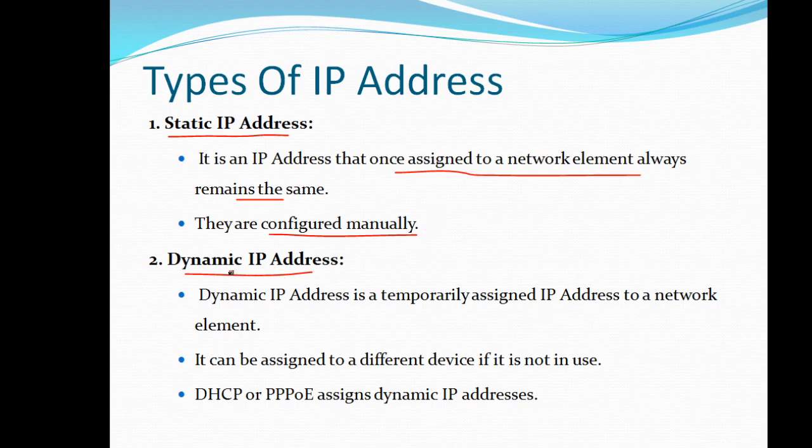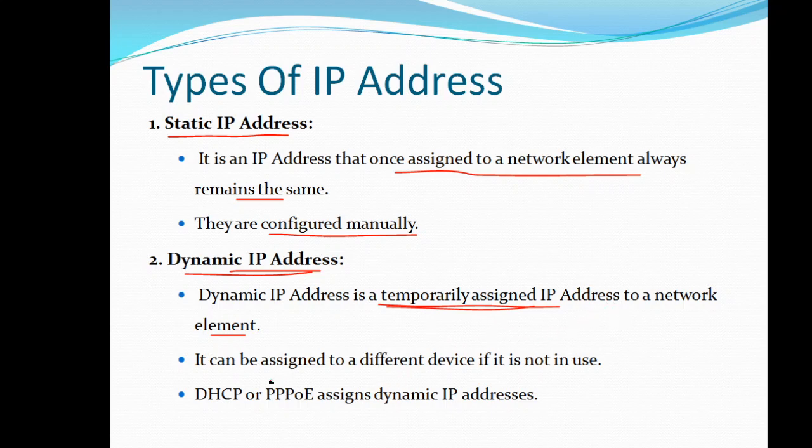Coming to dynamic IP addresses. A dynamic IP address is a temporarily assigned IP address to a network element. Here, a network element is nothing but a host in the network, a computer or any computing device. If a particular device assigned with an IP address is not used for a certain period of time, then automatically that IP address is assigned to another system within the same network.